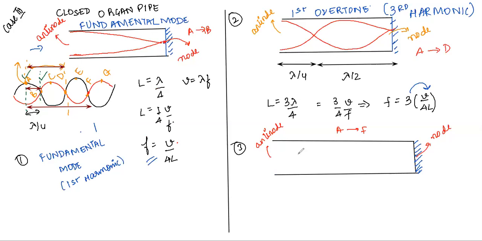Okay. Now let us take antinodes and nodes in this case. So we'll have A to F. This is where we're starting here. I'll try to be more precise.